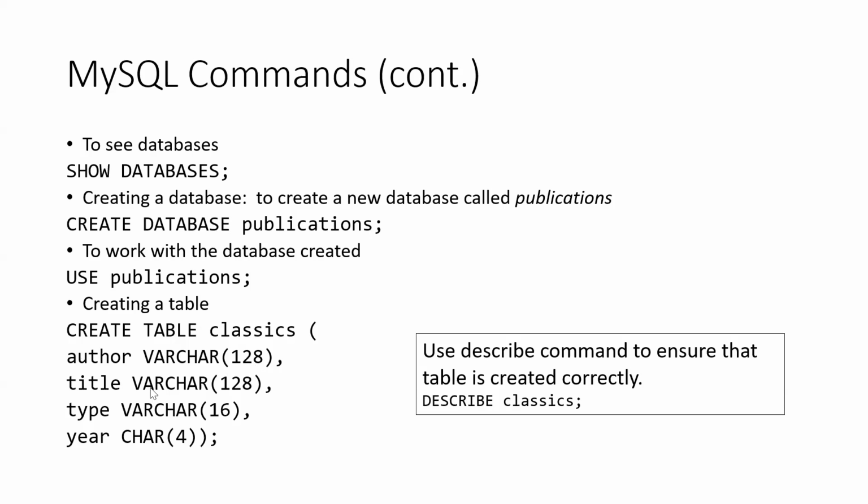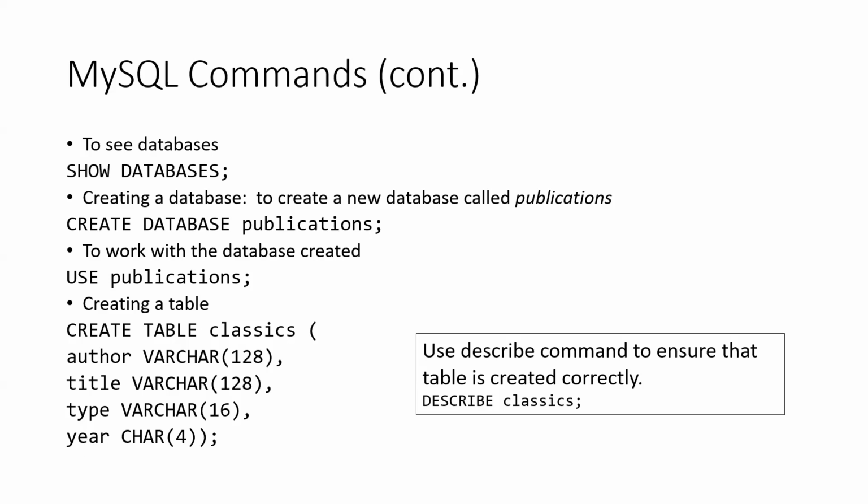Similarly, title is also varchar 128. Type is varchar 16, limiting the maximum number of characters. And finally, year is a fixed one. We use char with 4, which means we are allocating 4 digits to store the year information. So that's how we are going to start.